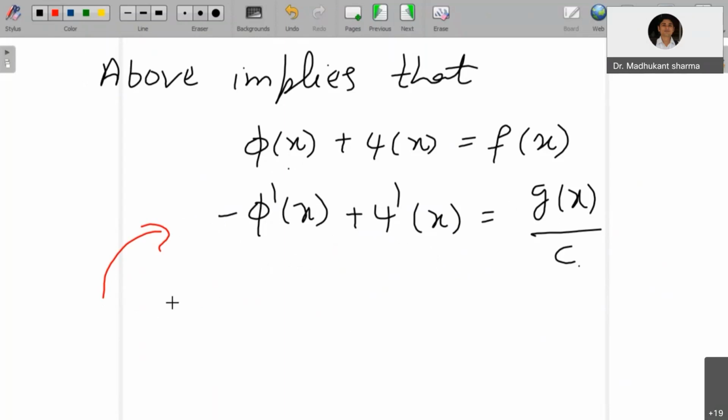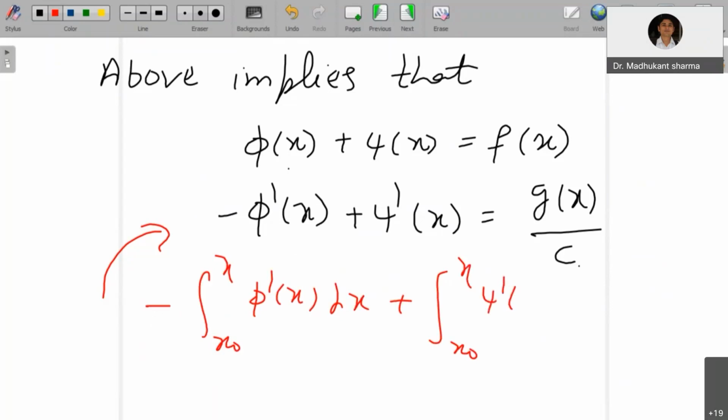So minus integration x naught to x phi dash with respect to x plus integration x naught to x c dash of x dx is equal to integration x naught to x g of x by c dx.